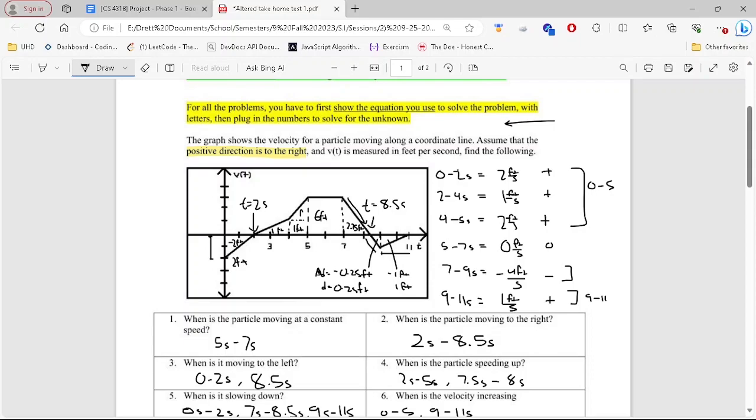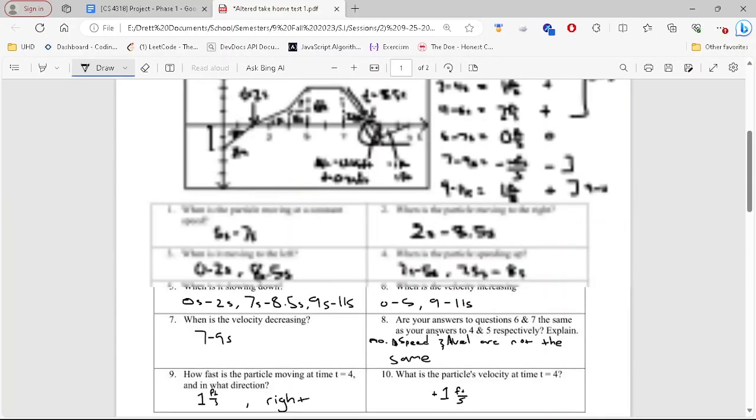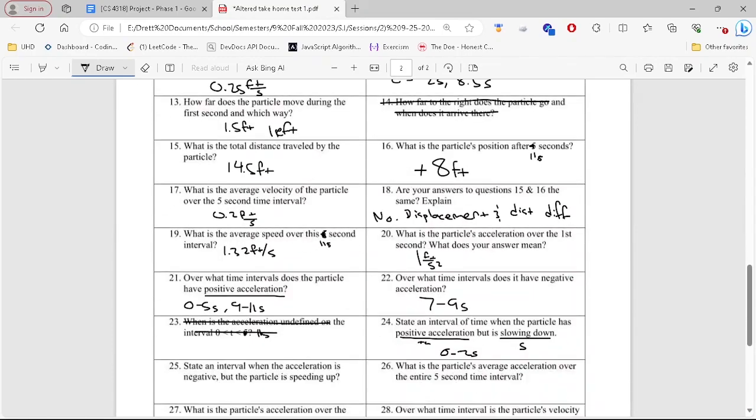Right here it is speeding up. So right here is the area we are interested in. Its speed is increasing and its acceleration is negative. So right here, 8.5 to 9 seconds.